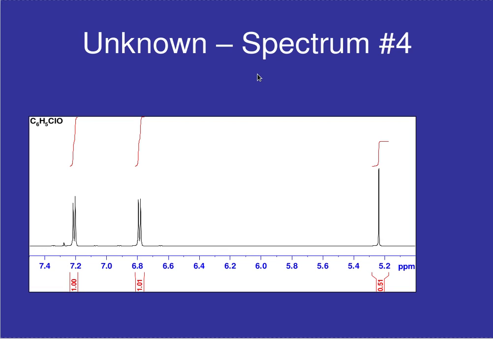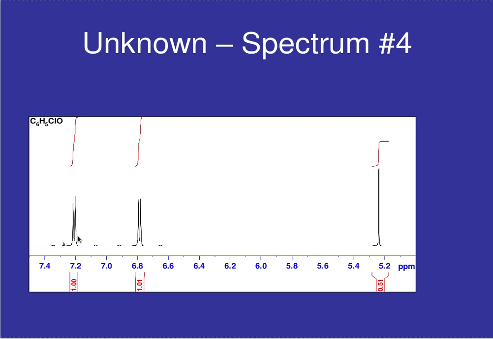That's impossible in an aromatic system because your bond order is too high to allow for a CH2 in the aromatic region of a spectrum. So, if there are 2 protons giving rise to this signal, it means we've got 2 overlapping signals. You have 2 chemically equivalent protons that give rise to that signal. And similarly over here, you're also going to have 2 chemically equivalent CHs giving rise to that signal.